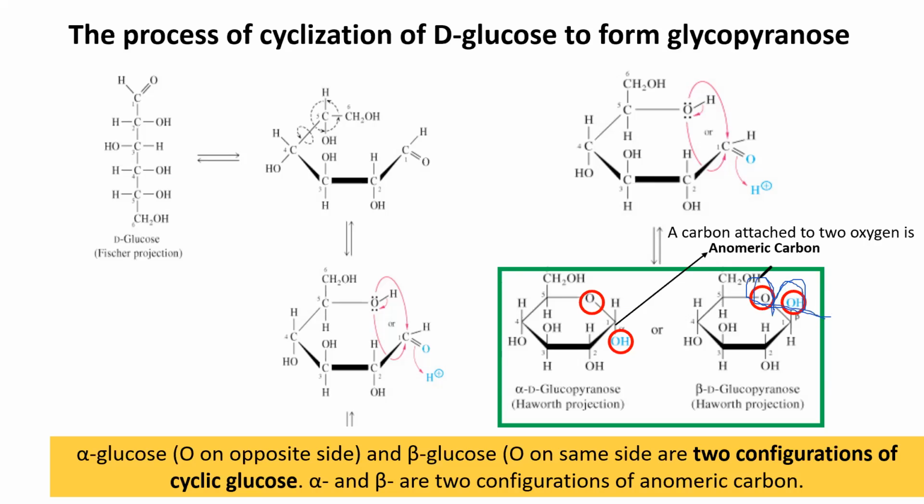So beta is always on the same side and alpha is on the opposite side. Beta and alpha glucose is not the same as L and D forms. Again, we want clarity here. Alpha and beta come from the anomeric carbon. L and D come from the position of OH.